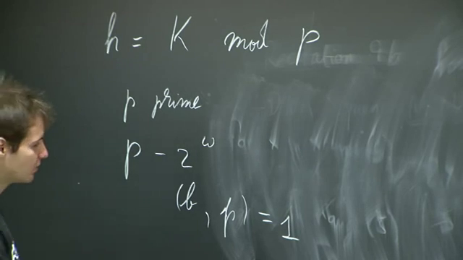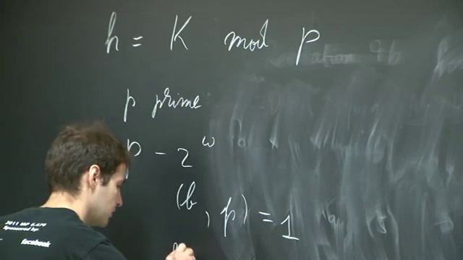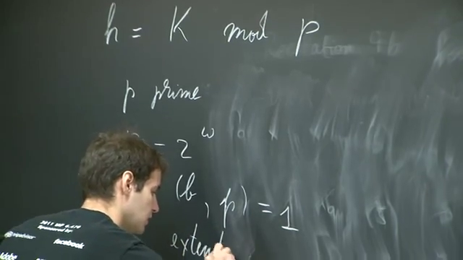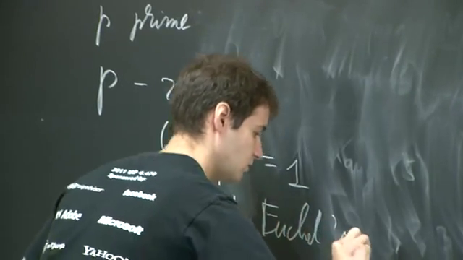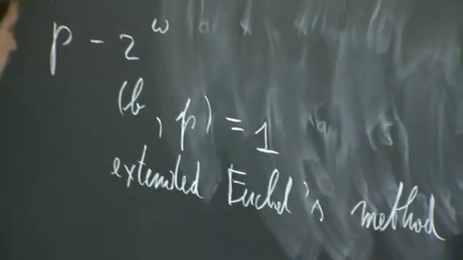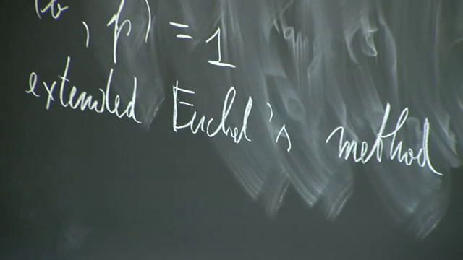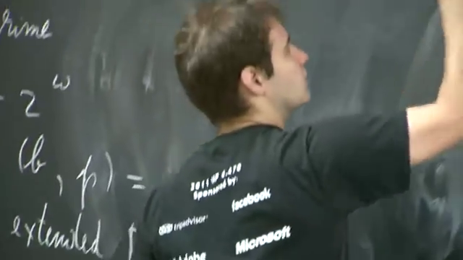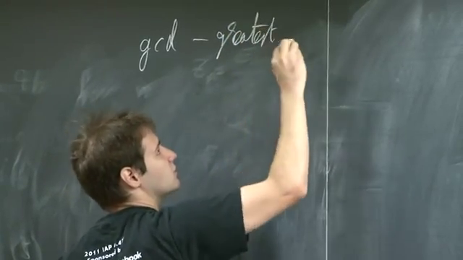Because the way you compute multiplicative inverses is you use something called the extended Euclid's method. And if we have B and P, then we compute their GCD, the greatest common divisor.